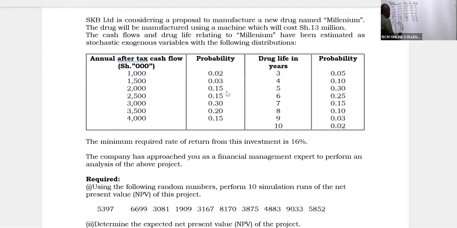Copy my figures at your own risk. 0.15. After that, I can see 0.10. After that, 0.03, and then 0.02. So once you've been able to get probabilities, go ahead and give us cumulative probabilities.